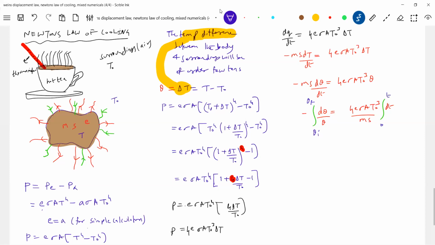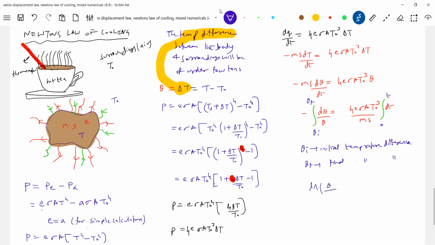This is the time taken. So what is theta I? Initial temperature difference. What is theta F? Final temperature difference. After some time t, what will be the temperature difference? Again, if I write delta t, you'll get confused. Okay, these are for our convenience.